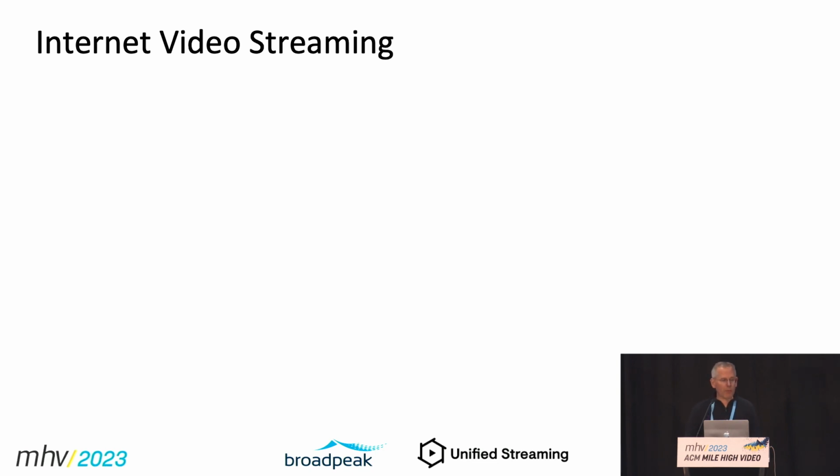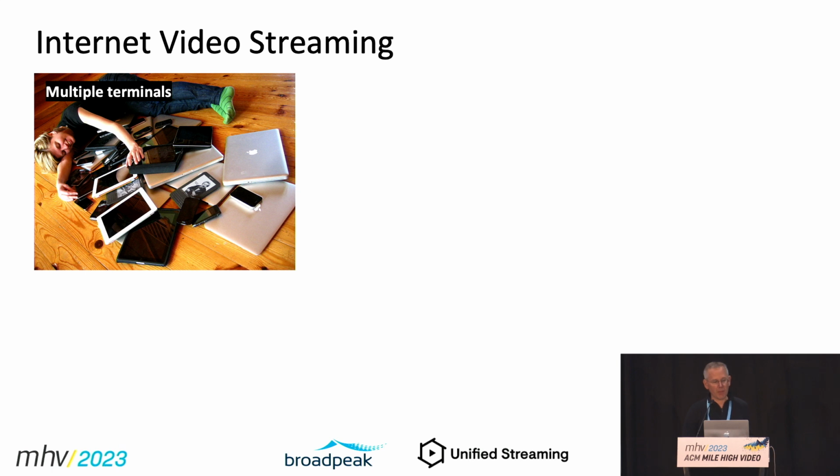So on the other side, we have internet video streaming. We don't have only a TV, and we very rarely use the TV for streaming video over internet. We use many different kinds of terminals. You know them, right? Smartphones, tablets, laptops, desktops sometimes, and so on.